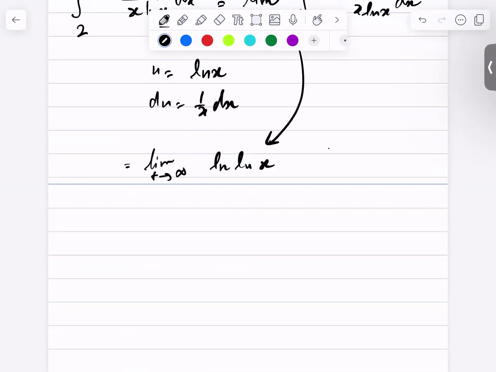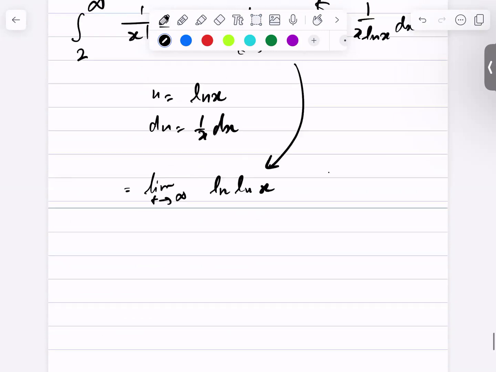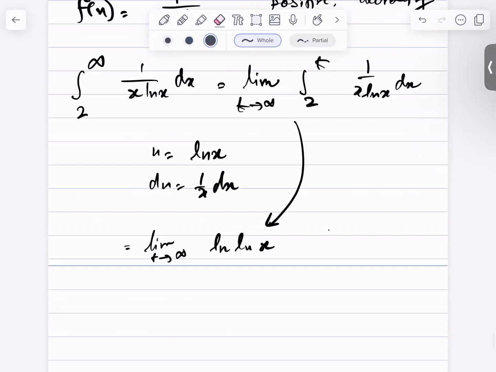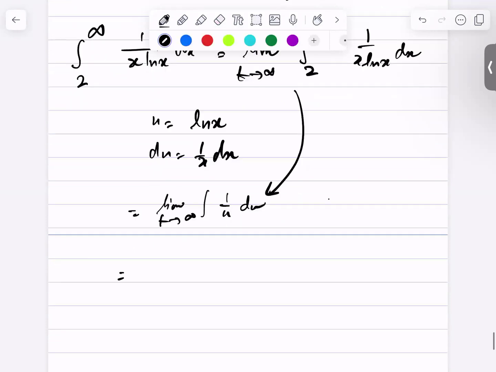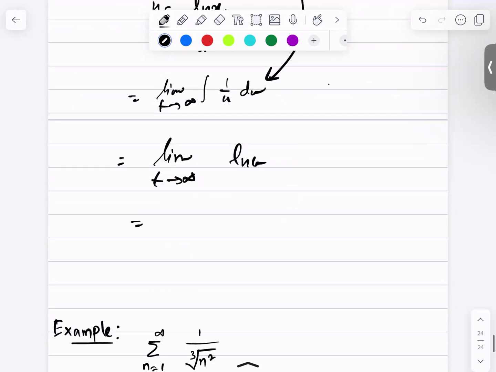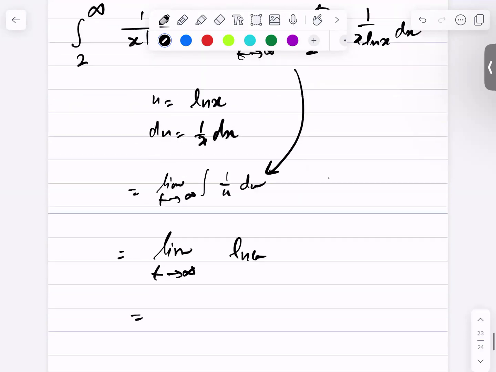I've just skipped a line basically. You can figure it out. So this is the limit as t tends to infinity of ln u.